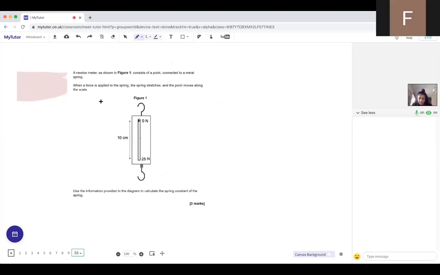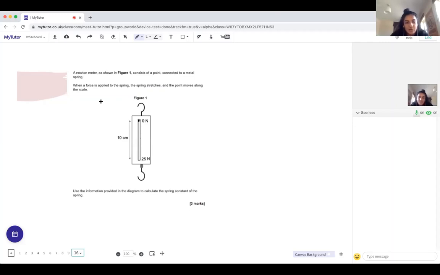I've also got some questions here. Someone wants to know, if they're doing the higher tier exam for science, do they have to learn all the equations, or are there specific ones only for higher? No, for higher tier, you don't need to know all of the equations. You will be given an equation sheet. If you want to look at the equation sheet, just type in GCSE Physics, your exam board, equation sheet, and it will tell you all the equations that you need to know.